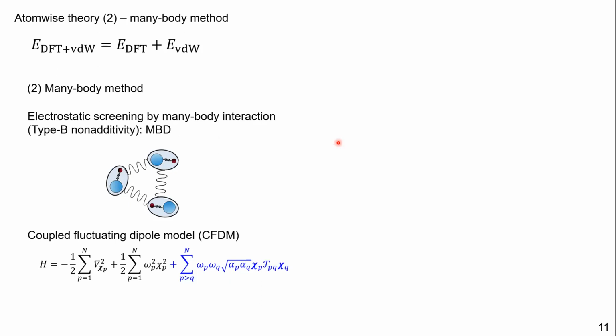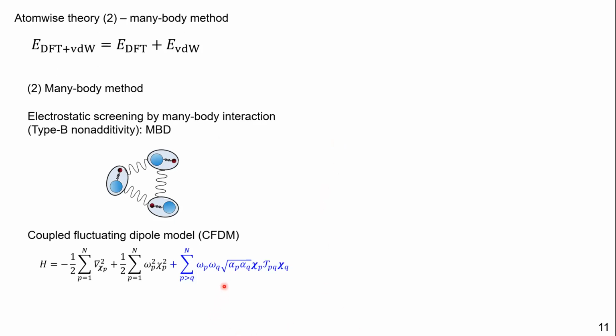Many-body interaction screens the van der Waals interaction between two bodies by adding a third body of interacting species. This kind of electrostatic screening by many-body interaction can be called type B non-additivity, which really means a non-additive potential for the van der Waals interaction.